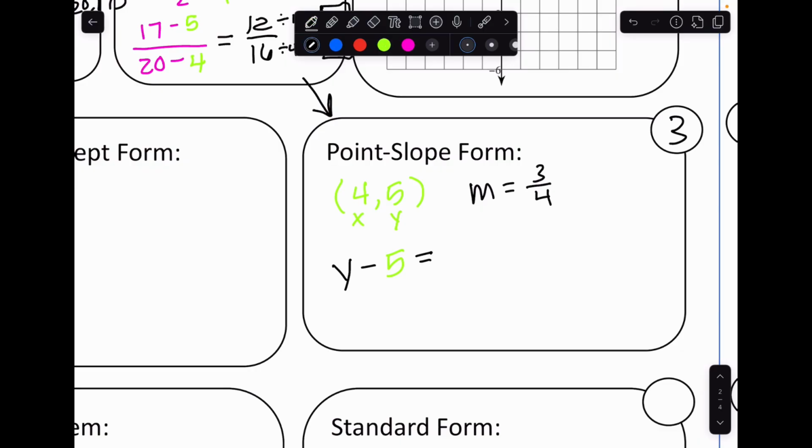Equals our slope times x minus our x coordinate, which is 4. Okay, this is all I have to do for point-slope form. So this is my answer.